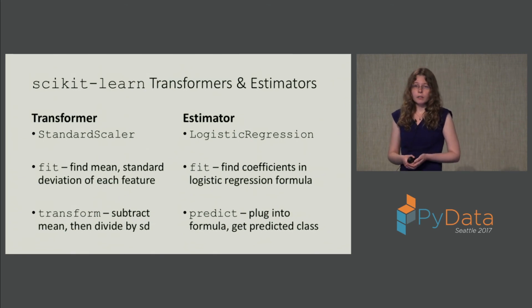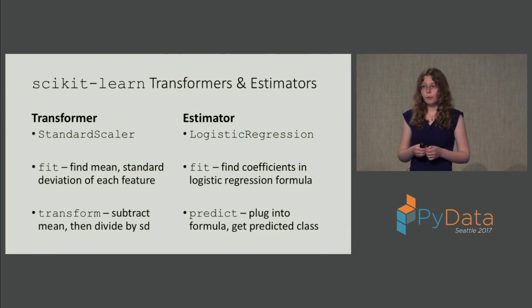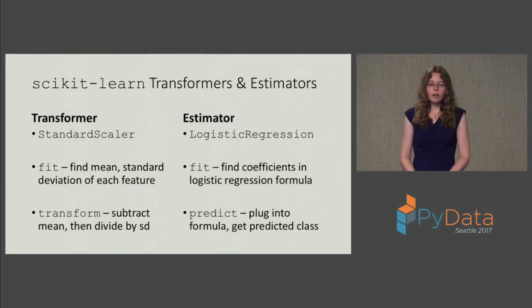What's great about the standard scalar is it puts all of your features on the same scale, which means, say if you're fitting a regression model, you can interpret the coefficients to be related to the strength of the feature contributing to the model.